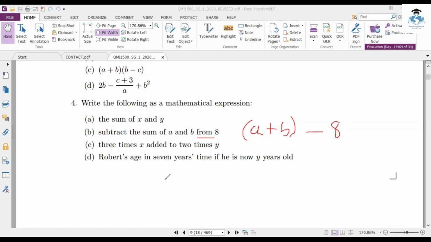So it's supposed to be 8 minus the bracket of a plus b. Remember it says from. What they are saying is the answer that we get from this addition, we need to subtract it from 8. So 8 is the one that comes first.